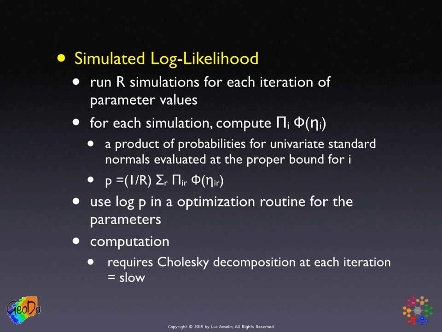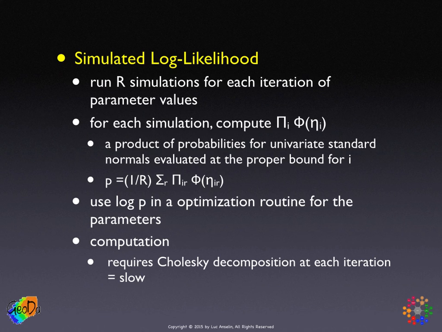So the simulated log likelihood approach runs R simulations, and R is typically like 1,000 or even more. For each simulation, you compute this product of probabilities for the univariate standard normals, evaluated at the right bounds, which you have to compute. You get the joint likelihood, you use this in an optimization routine, and you're good to go.